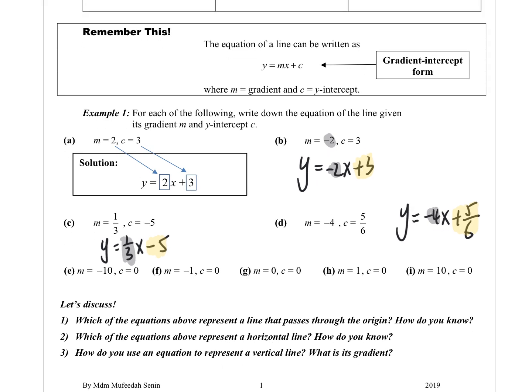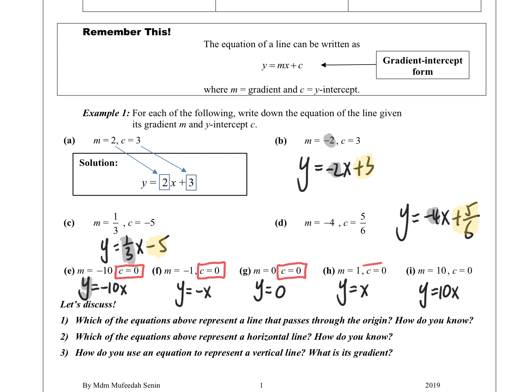So all this, even if I were to write it out, writing the equation out shouldn't be a problem. Okay? So all this got no C. Because it all cuts through the y-intercept, it all cuts through the origin. That means all this line, right?